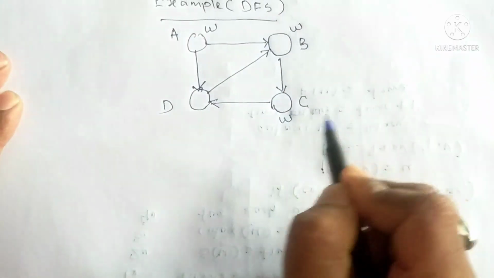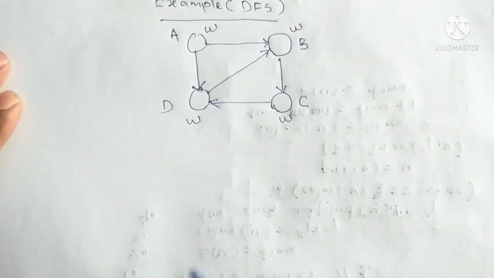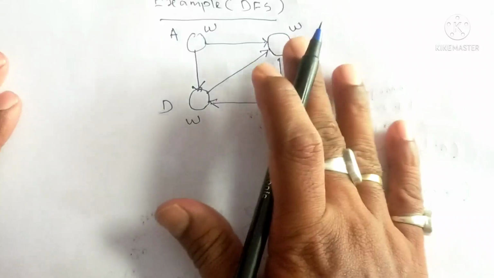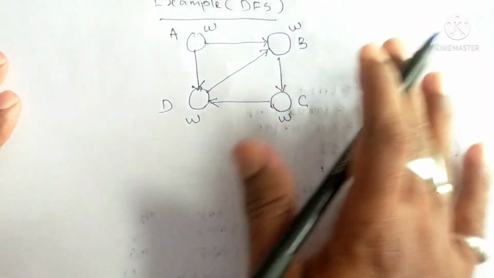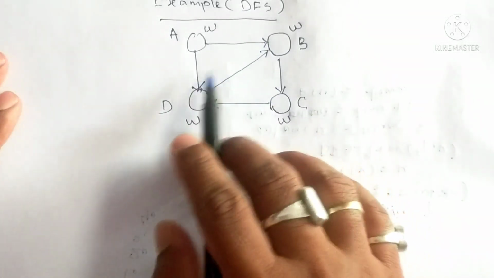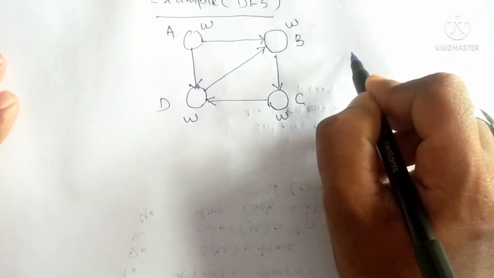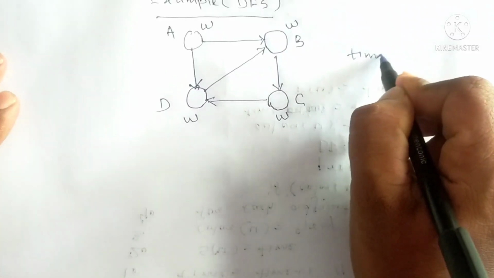Similarly, vertex C is painted with white color, vertex D is painted with white color. And the parent is nil. I am not representing any representation here. Whenever I get the parent or predecessor information, I will make a double line. I will tell you in due course of time. So the first step, initialization, is over, and the time value here I am writing as time equals 0.